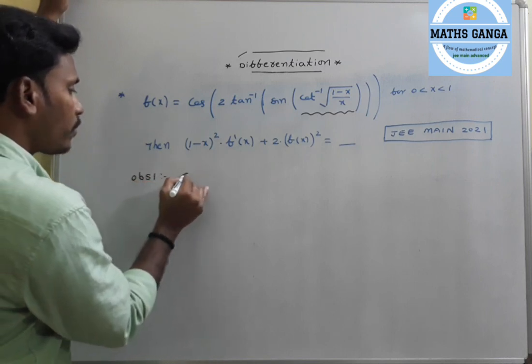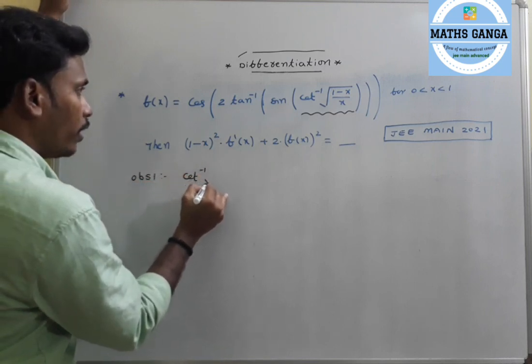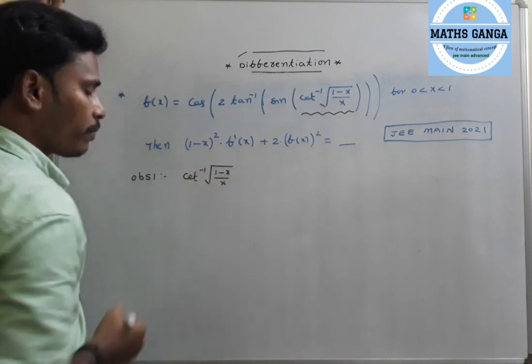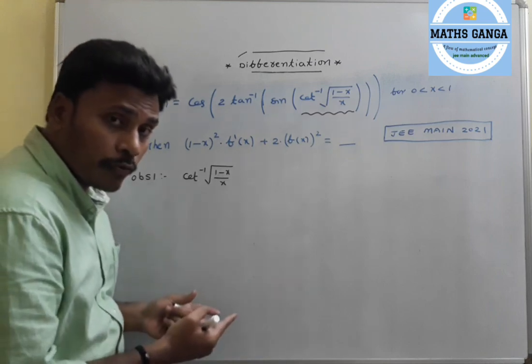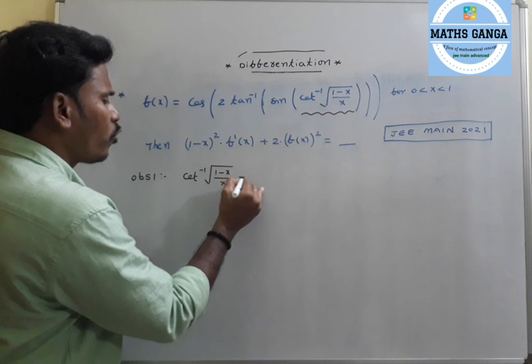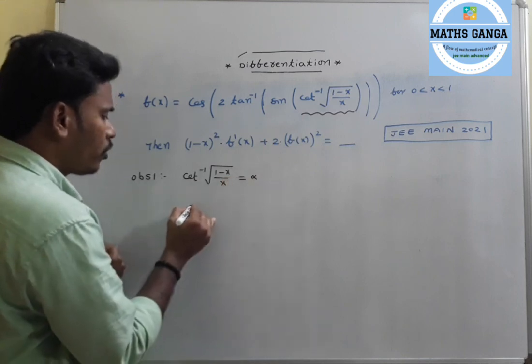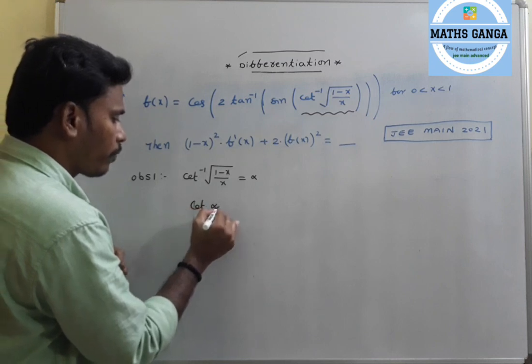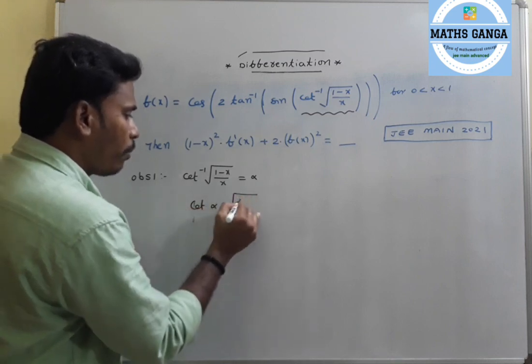Observation 1: cot inverse root of (1 minus x) by x. We need to express it in terms of sine inverse. Suppose you take this as some alpha, which is nothing but cot alpha equals root of (1 minus x) by x.